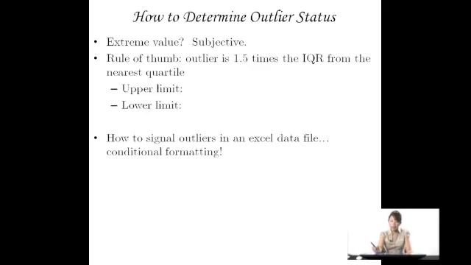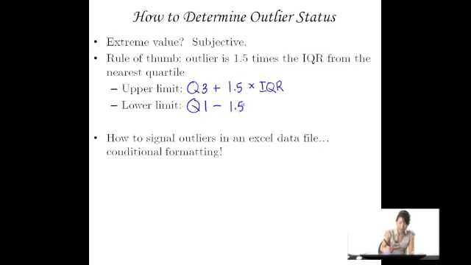So what we really mean is the upper limit is the nearest quartile, Q3, and you add 1.5 times the interquartile range, whatever that is, right? So that's sort of the upper limit boundary. The lower limit boundary would be from the Q1 boundary, and because we're going lower, we're subtracting 1.5 times the interquartile range.